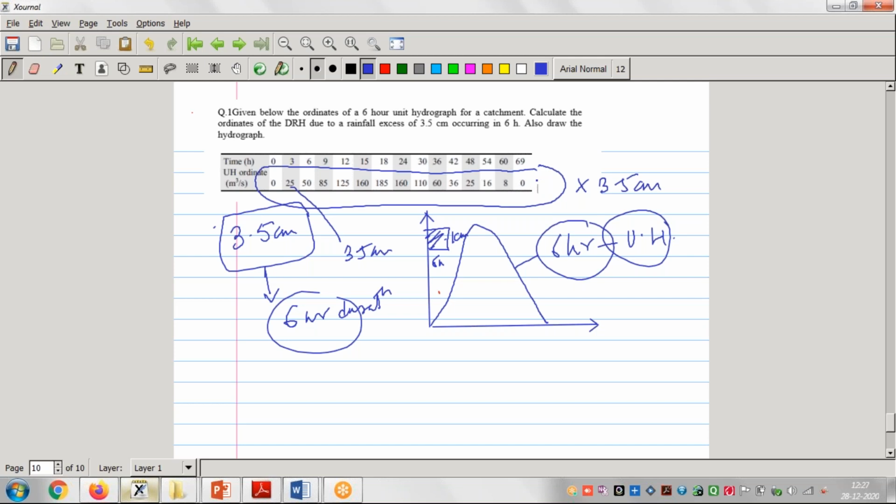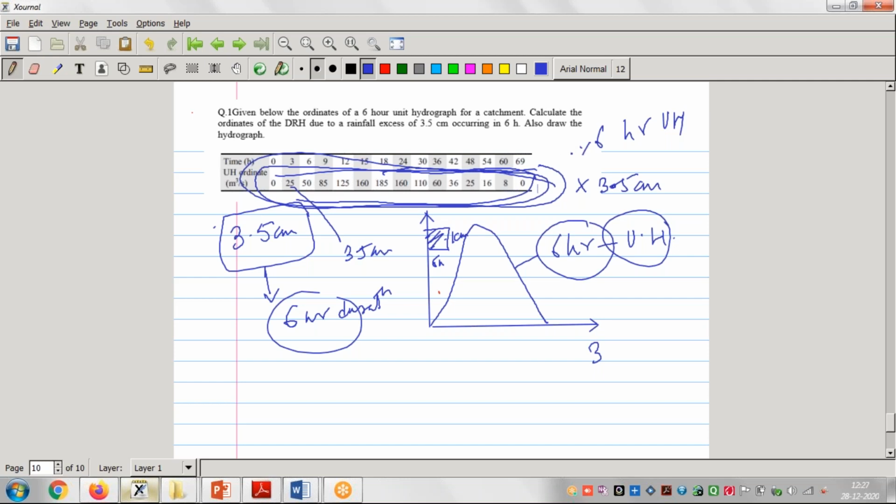If we multiply these ordinates by 3.5 centimeter, it means what? See, these are the ordinates of the 6-hour unit hydrograph.